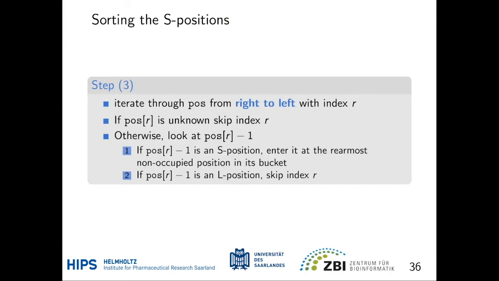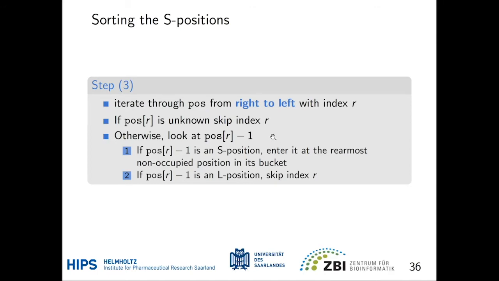Now, to sort the S positions, we do almost the same thing, but now we iterate through the suffix array in the other direction, from right to left, that is from end to the beginning. The rest is very similar. If at the index R in the suffix array an unknown is stored, then we skip this index.